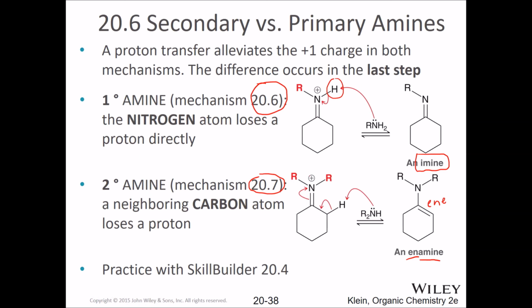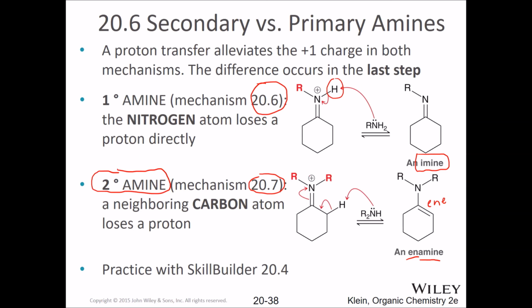Now I encourage you to pause the video now and to take the mechanism which you've just recently memorized and do it out again, but this time do it with a secondary amine. All right, this is a tedious process, but you've got your book, and mechanism 20.7 is on page 952.